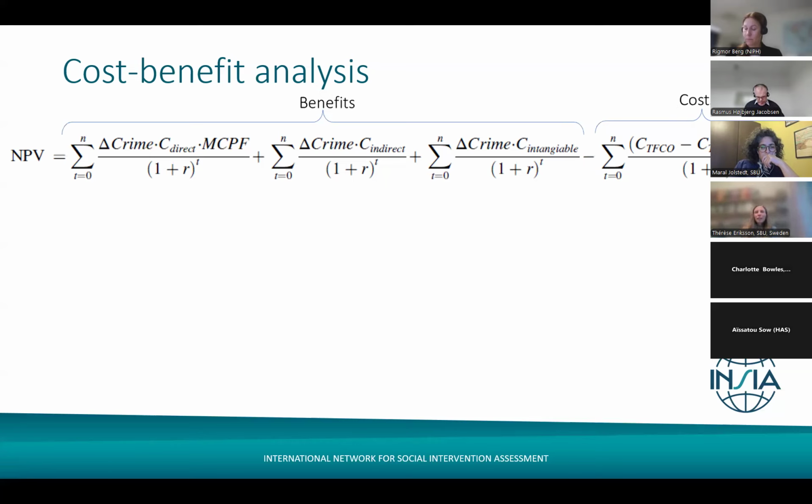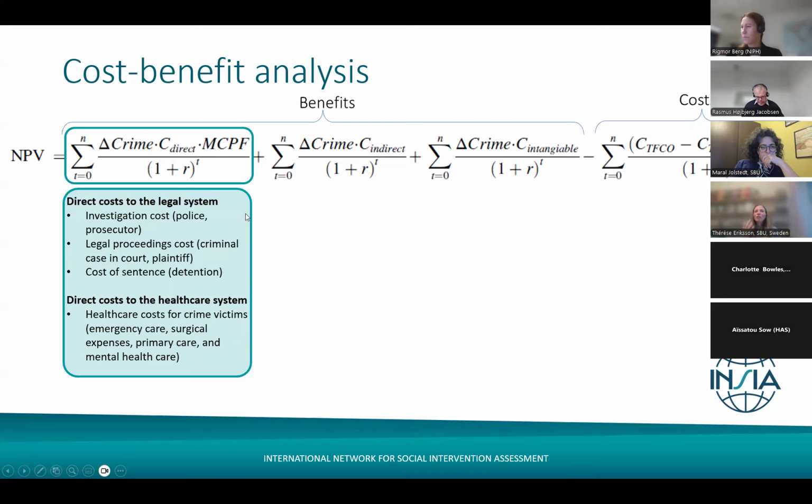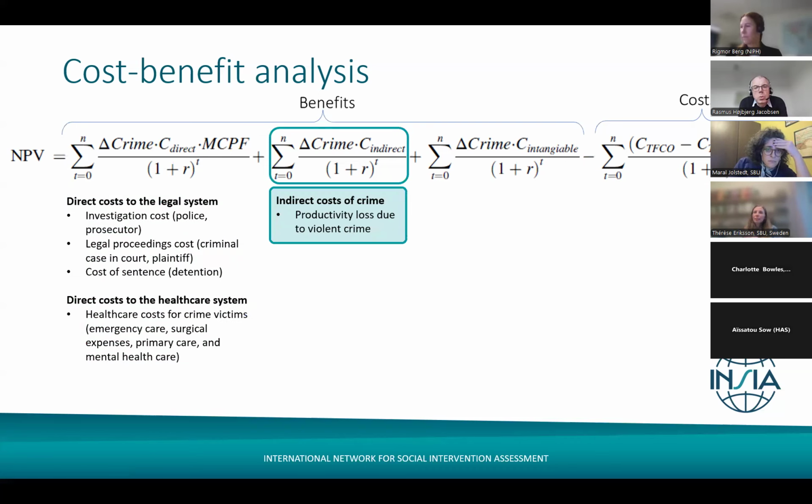We can see this part are all the direct costs they have identified related to this particular treatment foster care. They have taken into account costs to the legal system and to the healthcare system. And the next part are the indirect costs of crime. They have looked at the productivity loss due to violent crime.